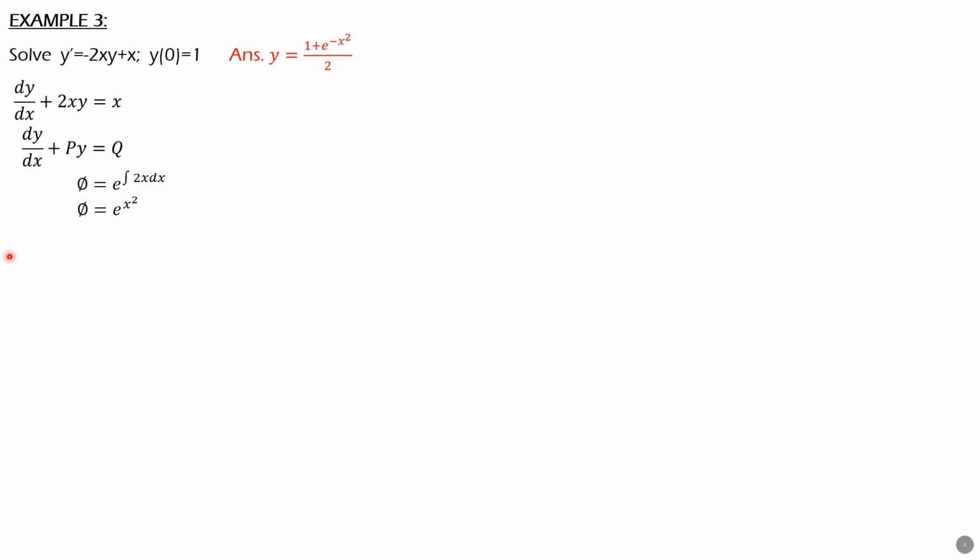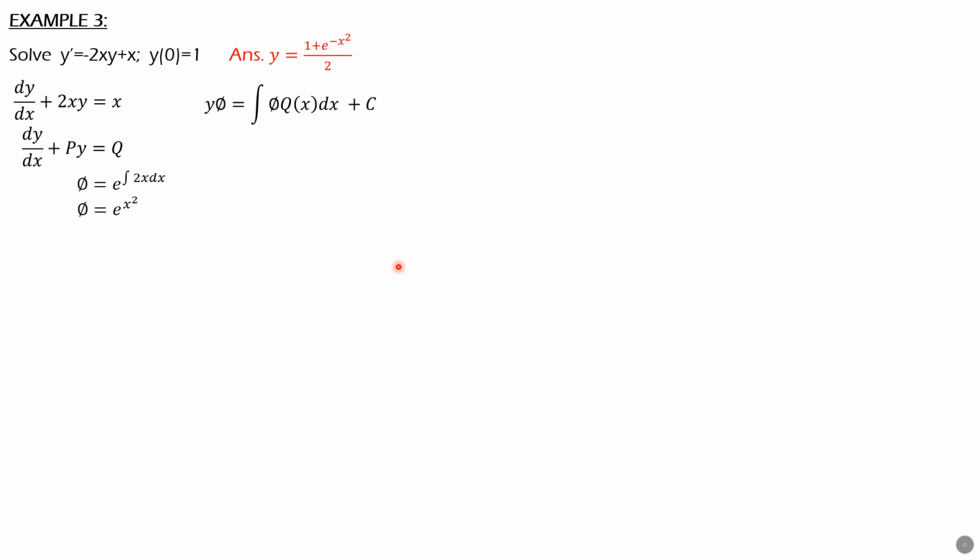So remember, the solution is y times P equals the integral of P times q of x dx plus a constant. So y times e to the x squared equals the integral of e to the x squared times q of x, which is x, dx, plus c, so that the right side will be ready for evaluation of the integral.